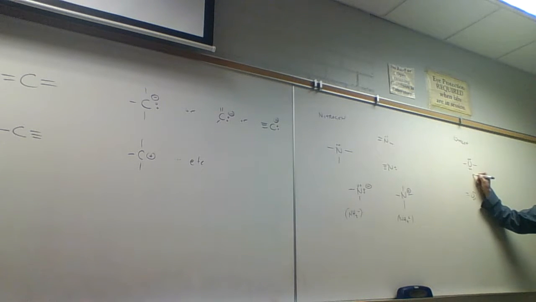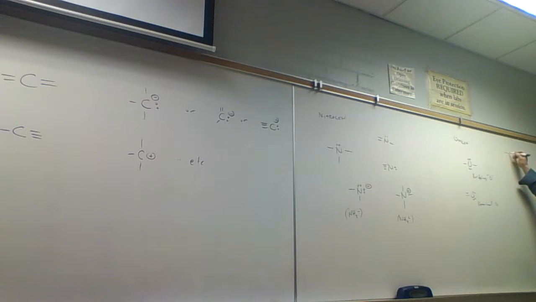Typically we call this a bridging oxygen because it's going to bridge 2 atoms. Bridging O. This one we call a terminal oxygen because it ends there. Terminal oxygen. So bridging oxygen, terminal oxygen.